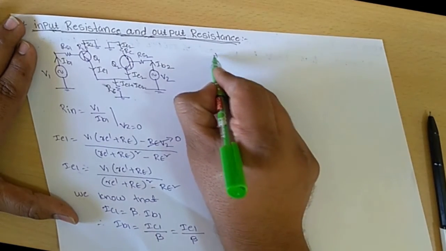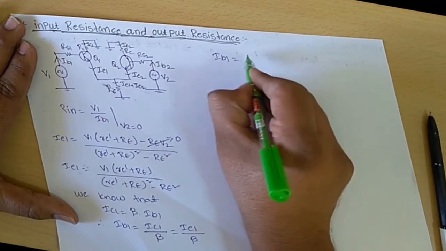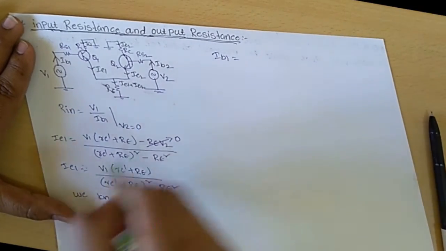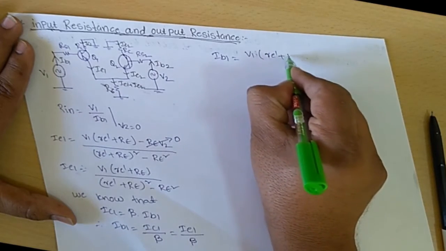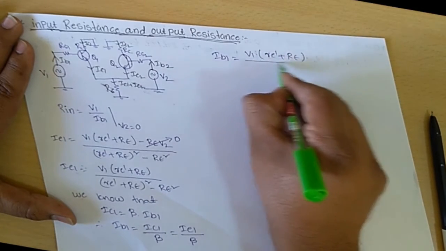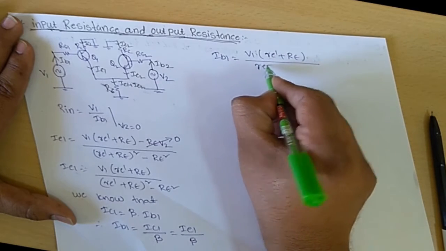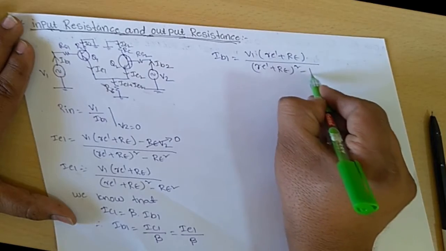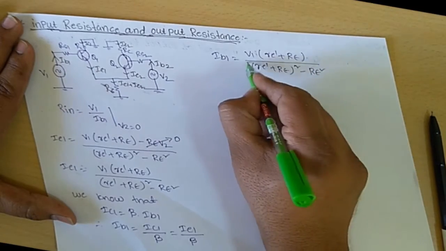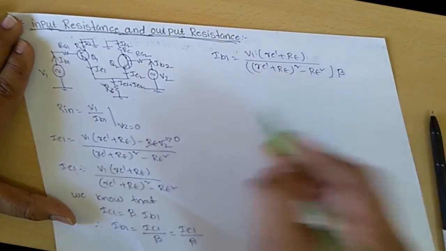Okay, therefore here we will get IB1 equal to, what is the IE1? IE1 equal to V1 of (RE dash plus RE) whole by (RE dash plus RE) whole square minus RE square, into, here we have the beta value.